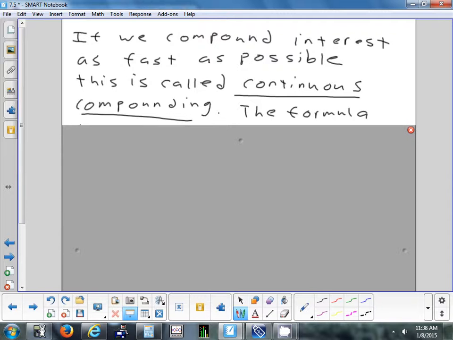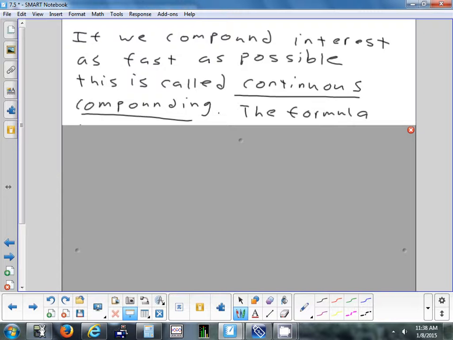Let's kind of extend that idea of compounding it. Okay, I want to compound it. I don't want to just compound it daily. I don't want to compound it twice a day. I don't even want to compound it every minute. I don't even want to do it every second. I want to do it faster. I want to earn interest, and I want the millisecond I earn that interest, I want it deposited. So I want this compounded as fast as possible.